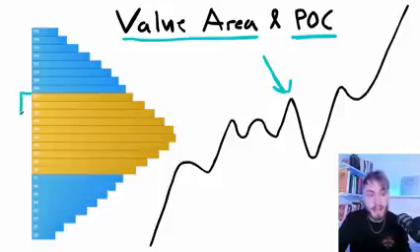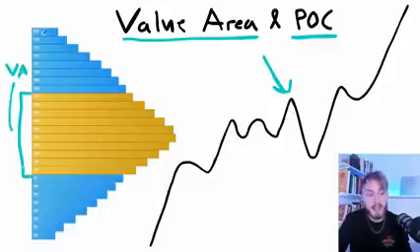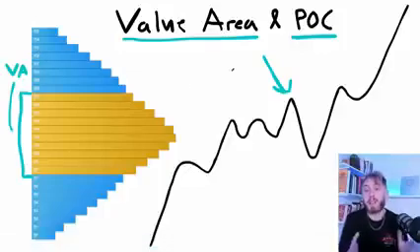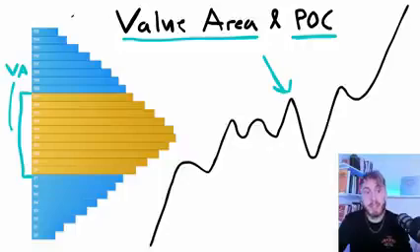So in this case, the value area is this yellow area right here. We can call this area the VA. And you can see that this tool we have right here is something known as the volume profile, and you will learn about it later on in this course. But you can see that the taller the bars are, the more volume got traded.